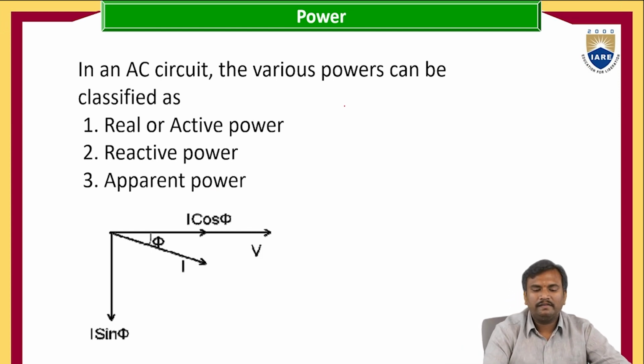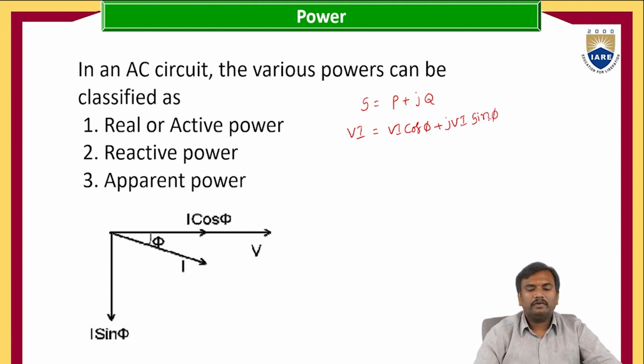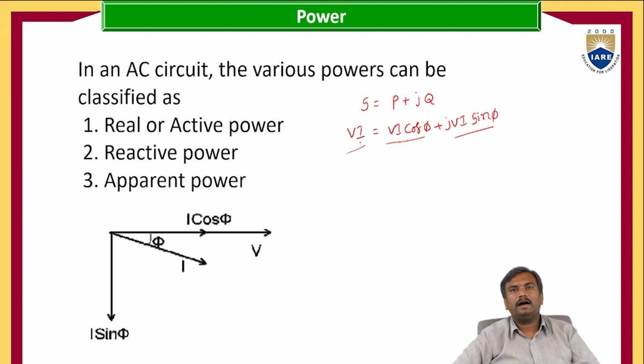Here in AC circuits, we are going to get S is equal to P plus jQ, where S is nothing but voltage into current, where S is equal to VI cos phi plus j VI sin phi. So here P is nothing but the active power, Q is nothing but the reactive power, and S is nothing but the apparent power.